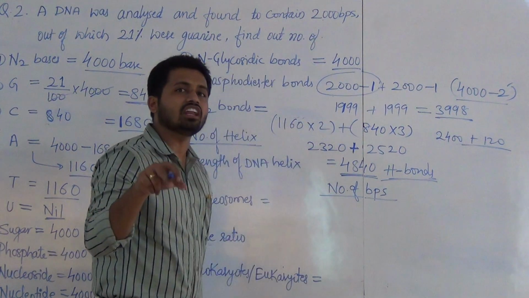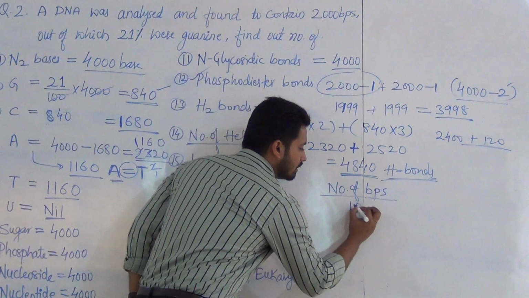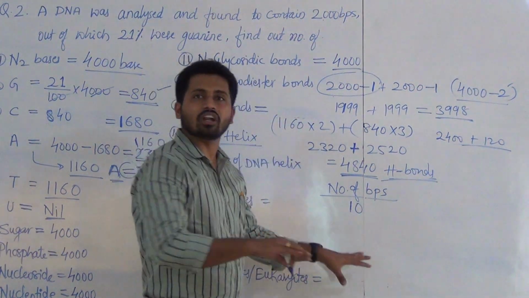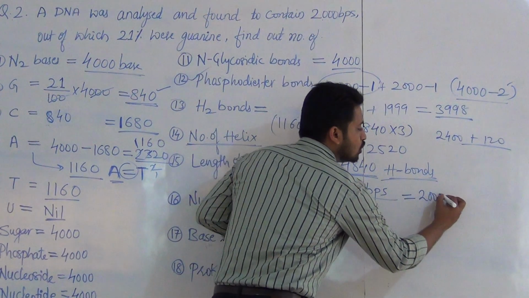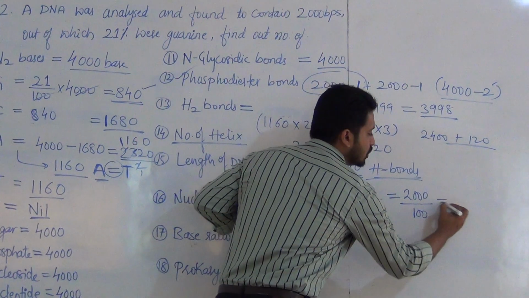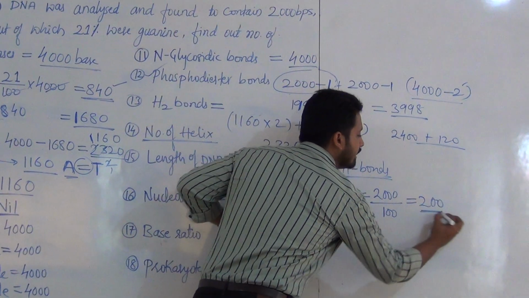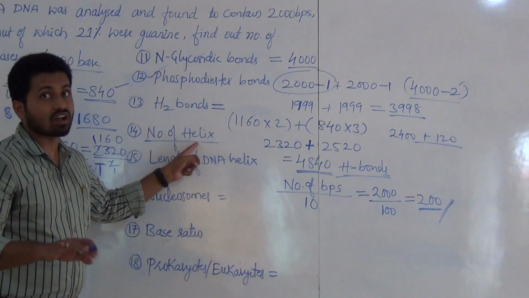Each helical turn contains how many base pairs? 10. Number of base pairs divided by 10. When you calculate like this, number of base pairs 2000 divided by 10, in the sense, it will give 200 helix. 200 helix, number of helix.